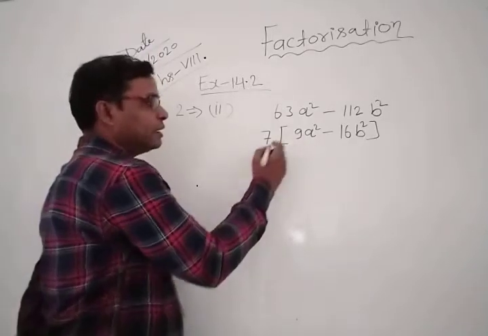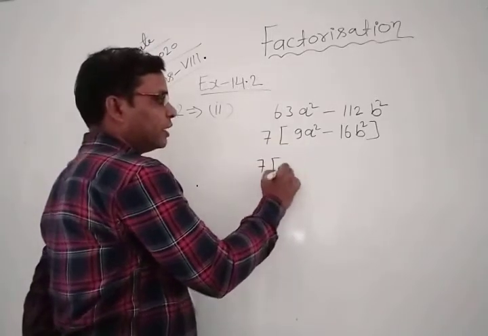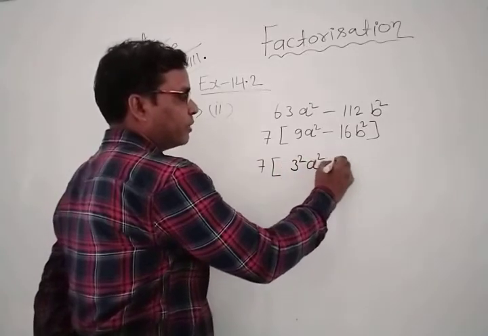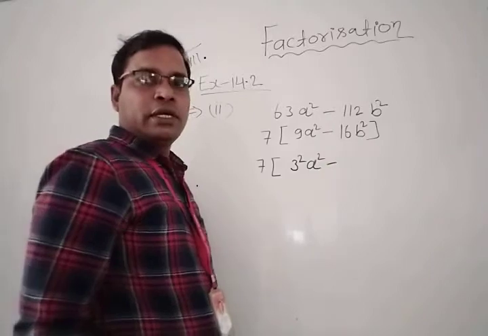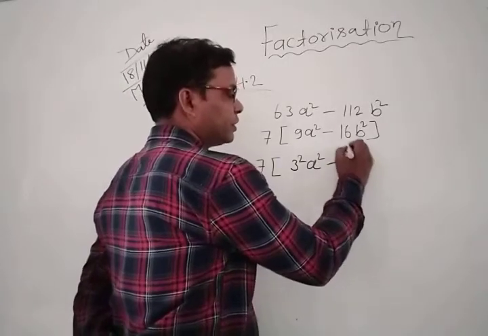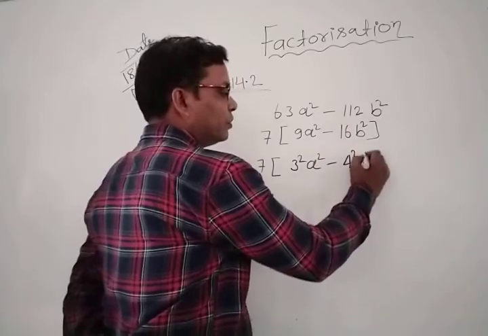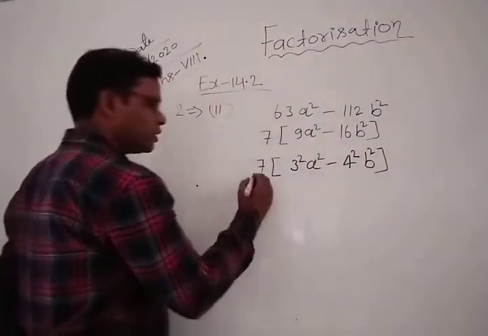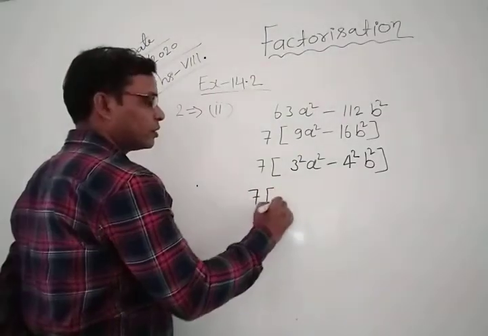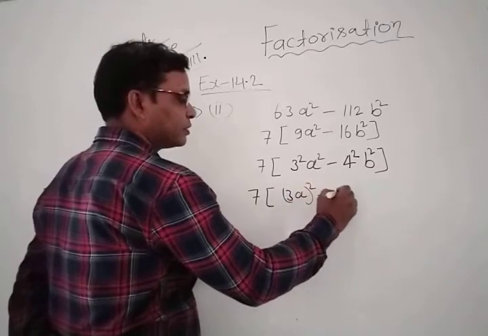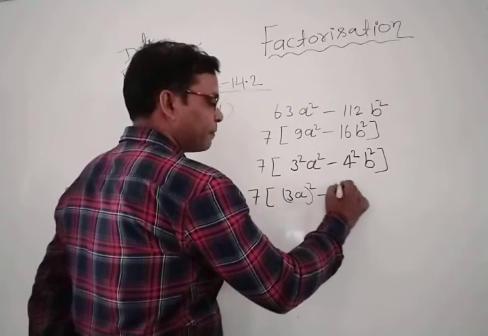What is 9? You can write 9 as the square of 3 into a square, minus 16, which is the square of 4 into b square. Clear now? You can also write it as whole square of 3a minus whole square of 4b.